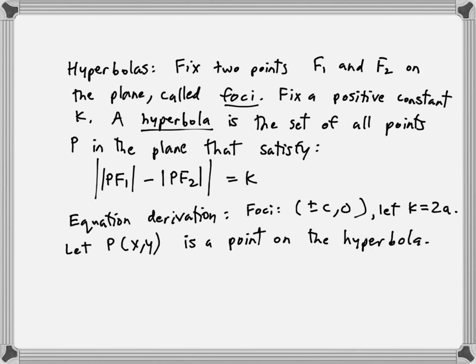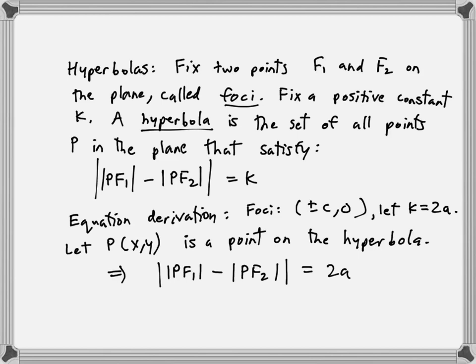So let's go ahead and set up. We know that we want P to F1 minus P to F2 to equal 2a, right? So what would this become?